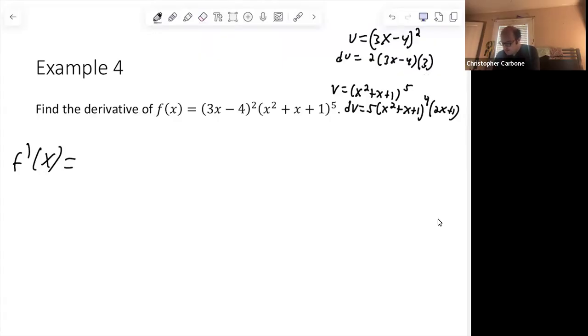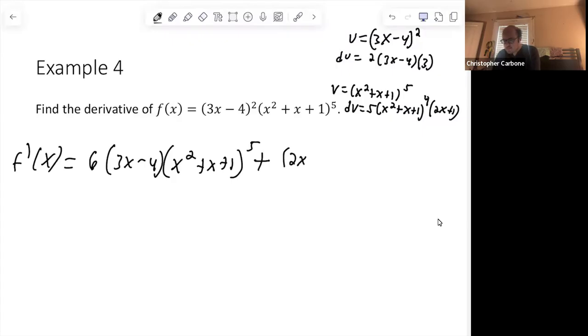All right, so this is going to be, well, I will multiply those actually. 6 times (3x minus 4) times (x squared plus x plus 1) to the fifth power, plus this is going to be 2x, actually, I'll multiply that by 5: (10x plus 5) times (x squared plus x plus 1) to the fourth power times (3x minus 4) squared.